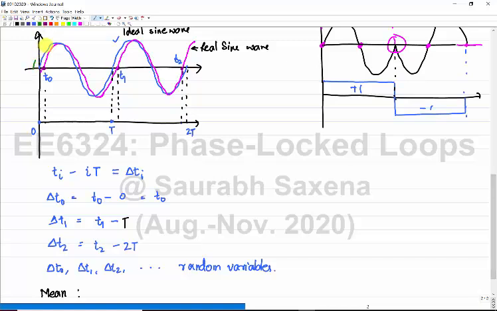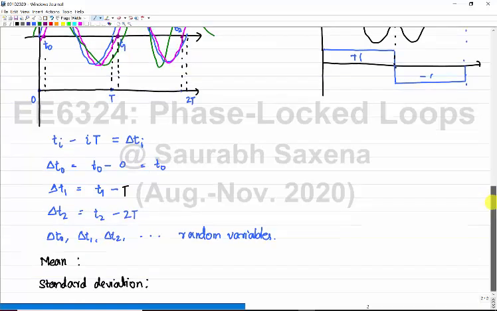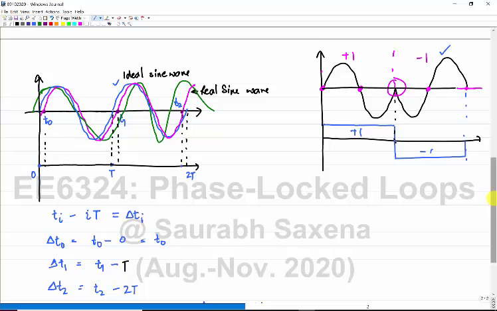One may be like this, this is another real clock. So surely you see that the green clock is having a lot of variation in the timing. So I will just name this also. Let us say the magenta real one is number 1 and the green one is number 2 real clock.